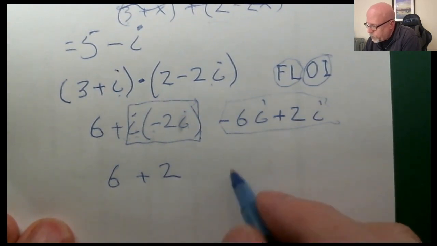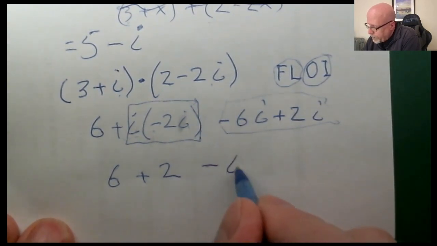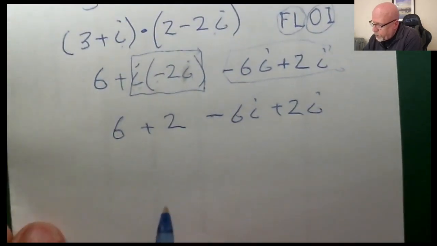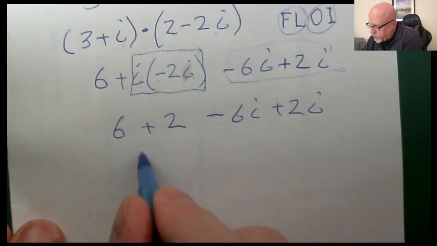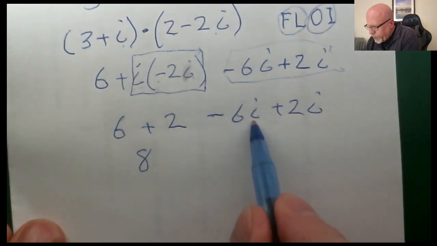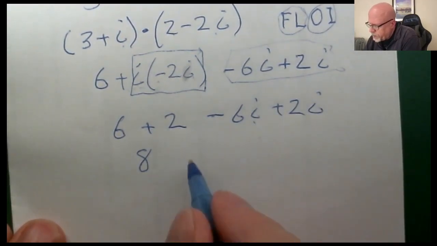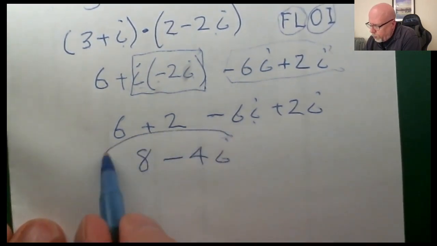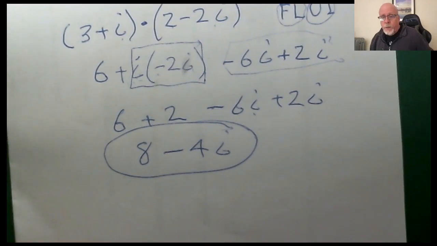Well, maybe we should just write it all out first and then combine. The real parts combine together to give us an 8, and the imaginary parts, negative 6 but plus 2, that's negative 4. So there's the product of those things, put into the form, again, of a complex number.